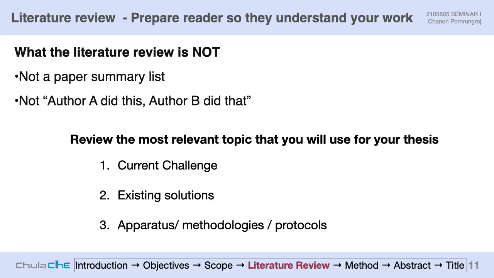Right, and you should review these three things in the big picture. One is the current challenges in your field, so elaborate more on your motivation, why you do it. Then the existing solutions. If it's about PV cooling, we only briefly introduced active and passive cooling, but here you have a chance to elaborate on what the classes of active cooling and passive cooling are and what materials people use.